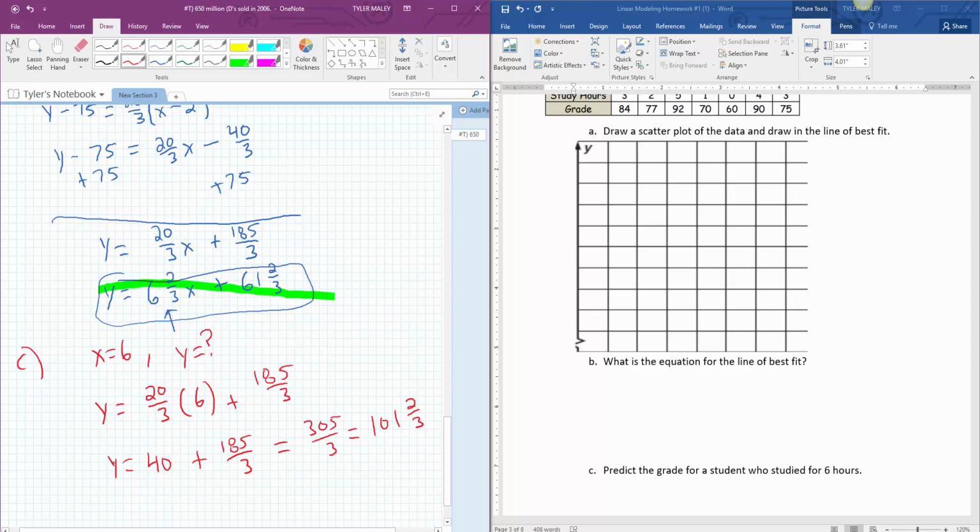So this is the y value we're predicting. So we're predicting that somebody who studies 6 hours would get over 100% on the exam, right? Which could be realistic if there was a bonus question on the exam. But this could be not realistic if there were no bonus, if 100 was truly the maximum score you could get on the test.